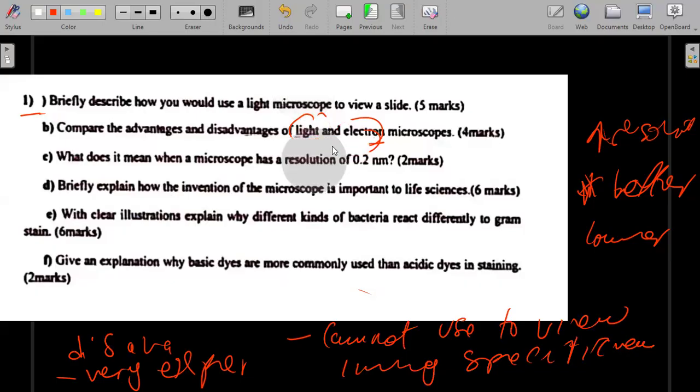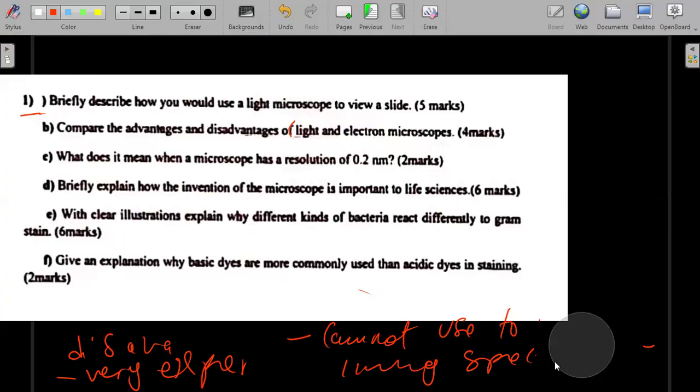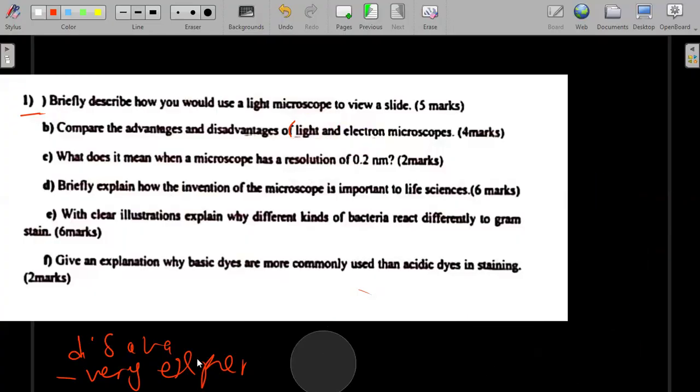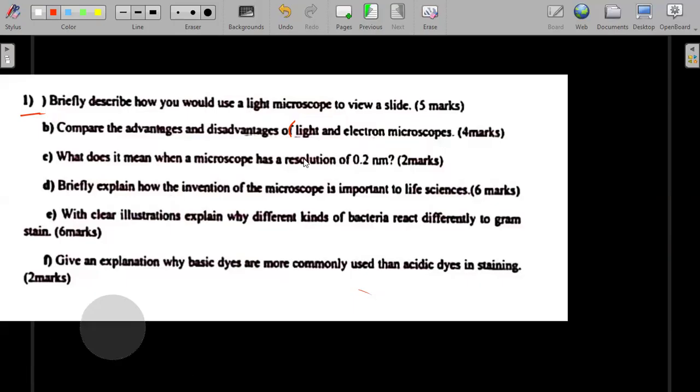Is everything clear up to here? When you pass through questions like this, you go back and check your materials. The materials you've been studying are not enough.